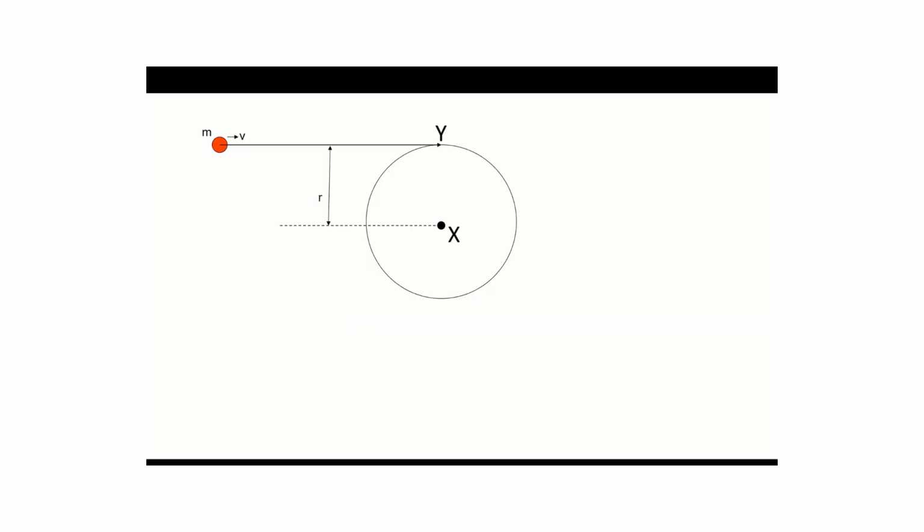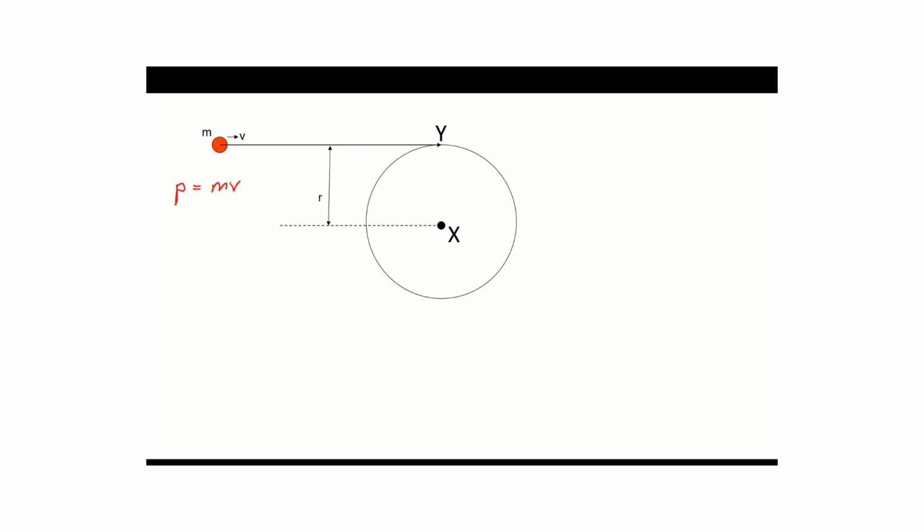There's another way of looking at angular momentum, and this is quite a difficult concept. If we have a small mass going past at velocity v, we know that that mass will have a linear momentum equal to mv.